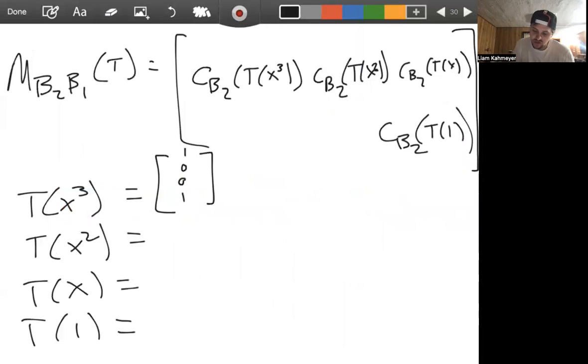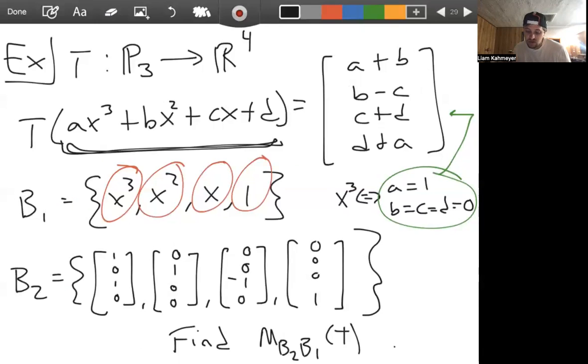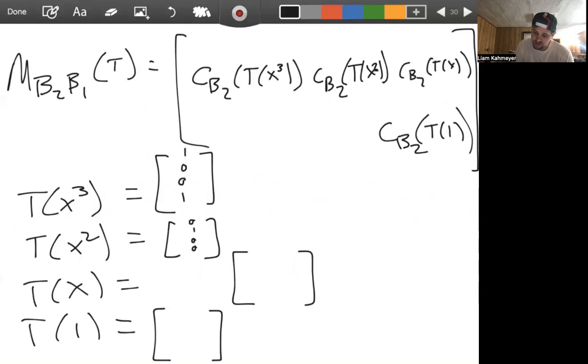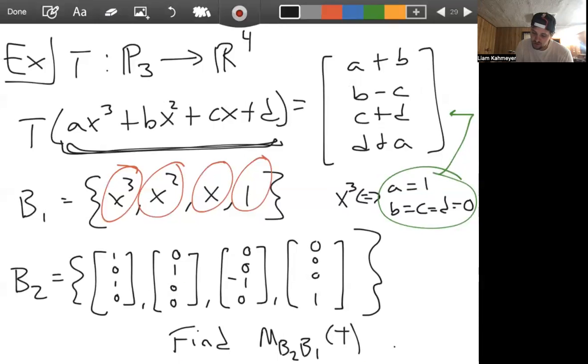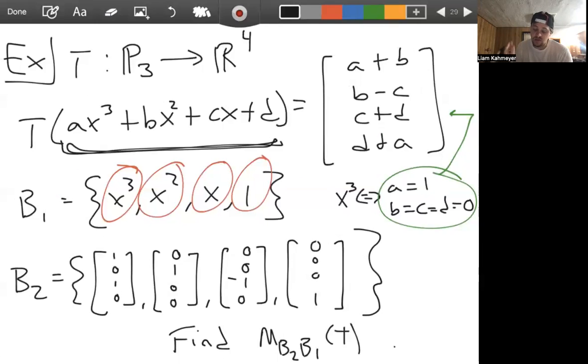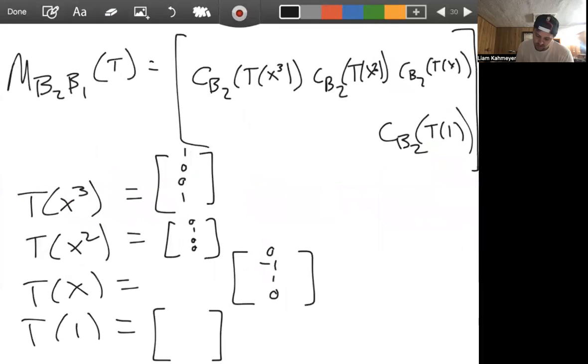We do the same thing for x squared. That means b is equal to 1, everything else is equal to 0, so that's (1, 1, 0, 0). For x, c is equal to 1, everything else is 0, so we get (0, negative 1, 1, 0). And for 1, d is equal to 1, everything else is 0, so (0, 0, 1, 1).